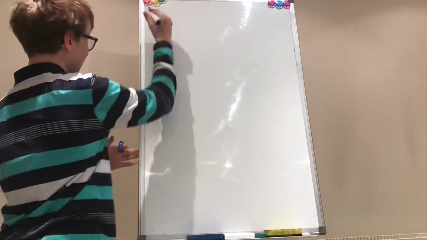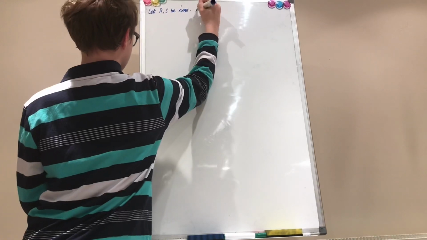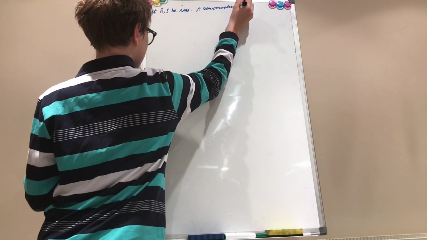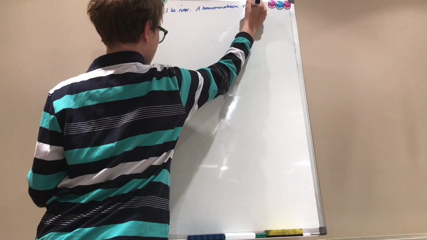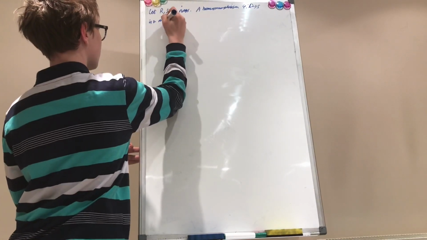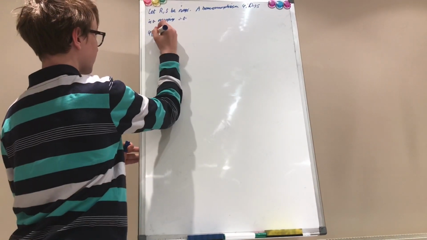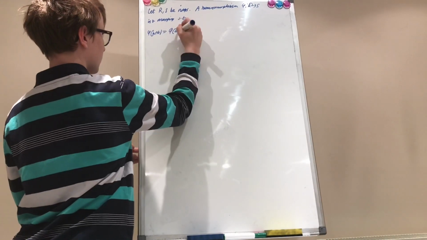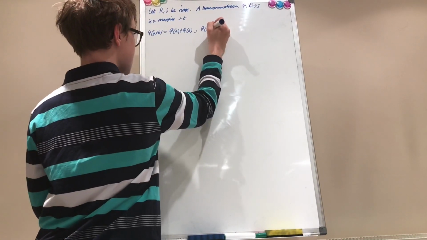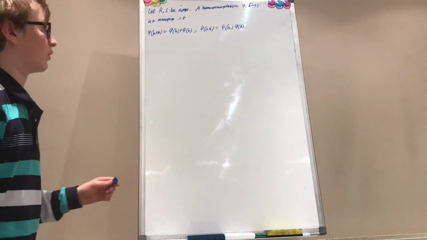So, if we let R and S be rings, a homomorphism phi, which takes you from R into S, is a mapping such that phi of A plus B is equal to phi of A plus phi of B, and phi of AB is equal to phi of A times phi of B.